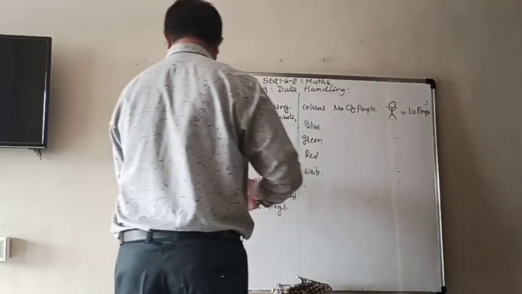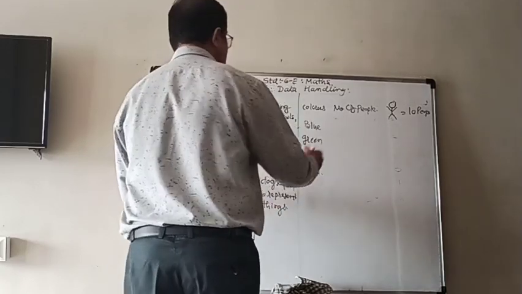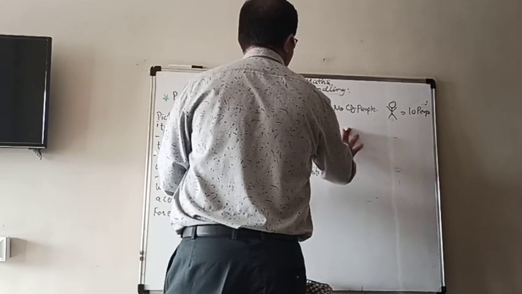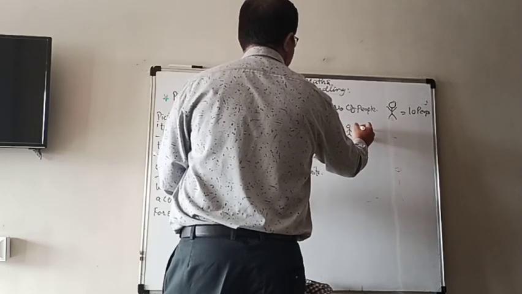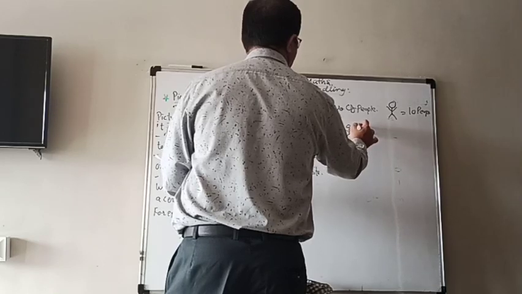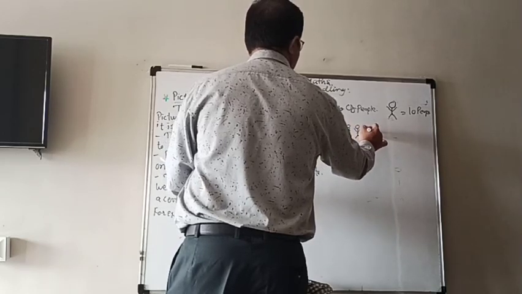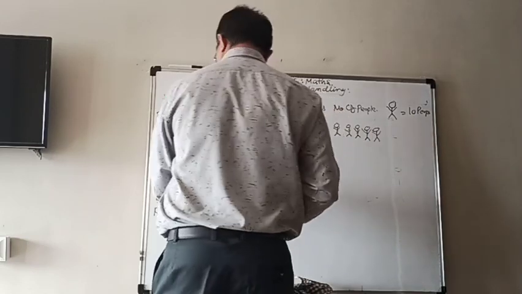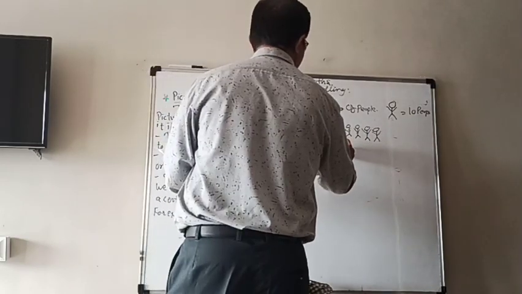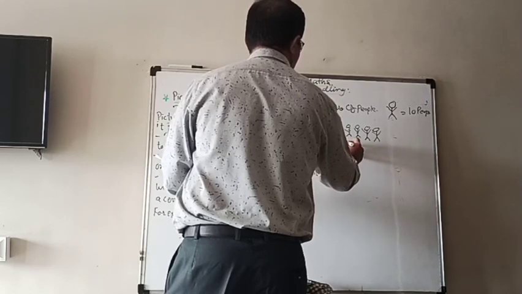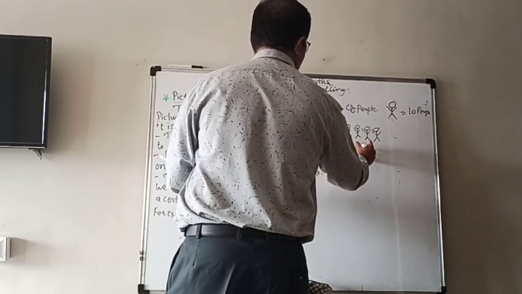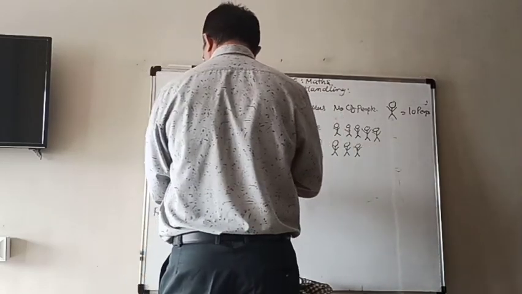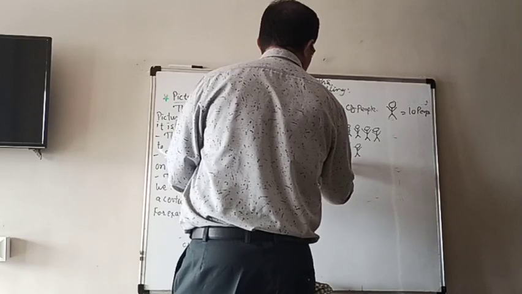Here in blue, I saw 5 of the symbols: 1, 2, 3, 4 and 5. In green I see 3. In red there are 5 and another is half.